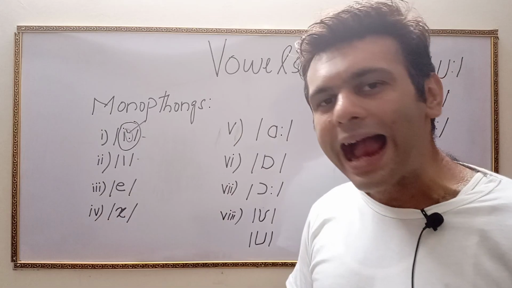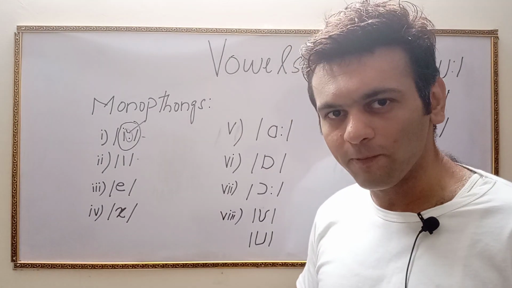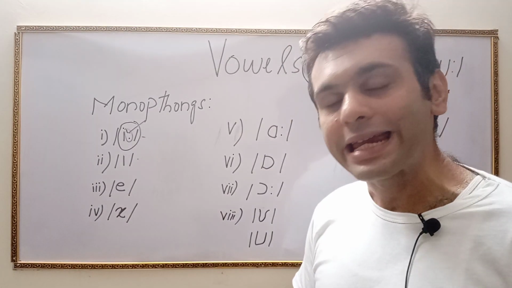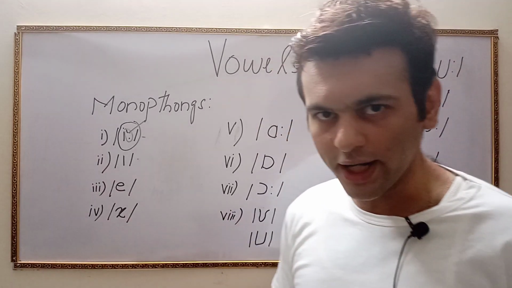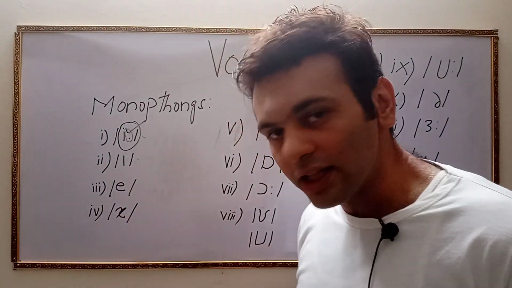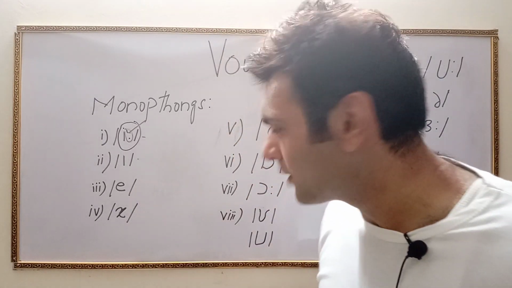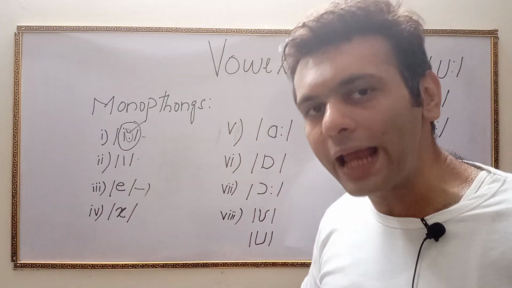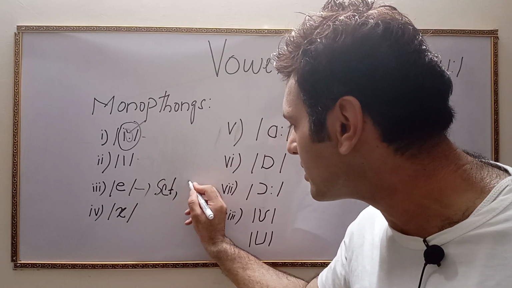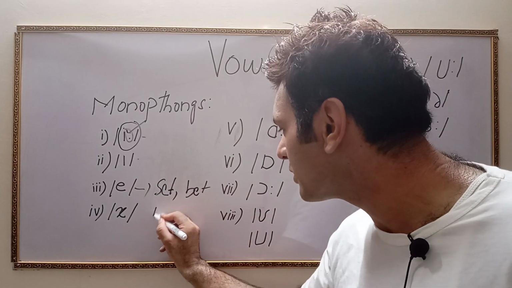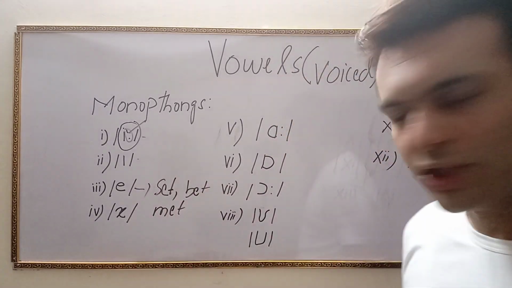Let's move towards the third one. The third one again is a short vowel. Why? Because it again does not take any stress with it, and if you look at this, there are no two dots. We can identify this particular sound in words like set, bet, met.